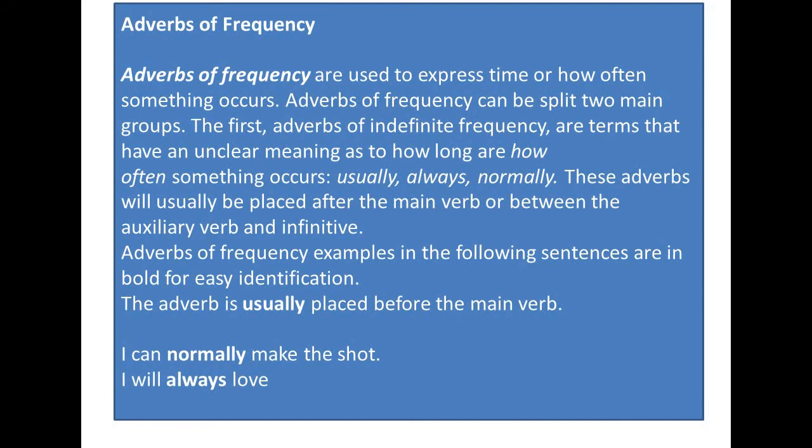Adverbs of frequency. Adverbs of frequency are used to express time or how often something occurs. Adverbs of frequency can be split into two main groups. The first, adverbs of indefinite frequency, are terms that have unclear meanings as to how long or how often something occurs.